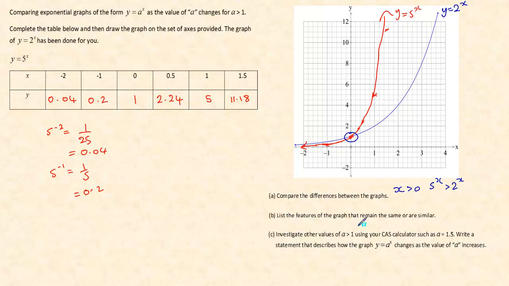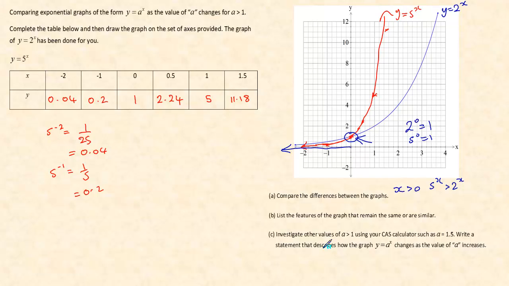List the features of the graph that remain the same or are similar. Well, the intercept, because of course 2 to the 0 is 1 and 5 to the 0 is 1, so the intercept stays the same. And notice how the negative x-axis is a horizontal asymptote for both graphs.